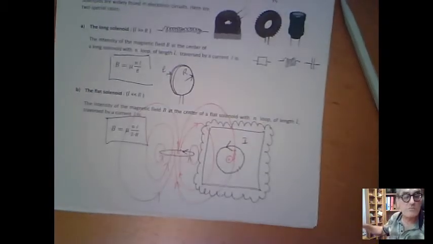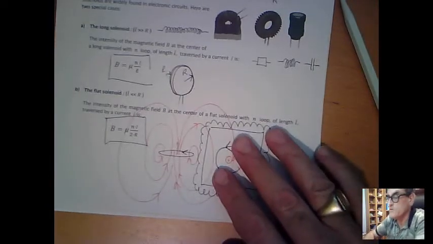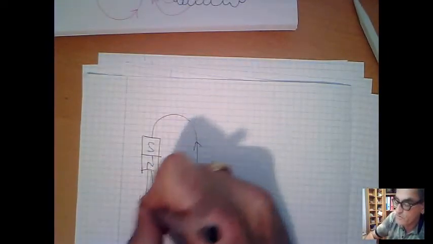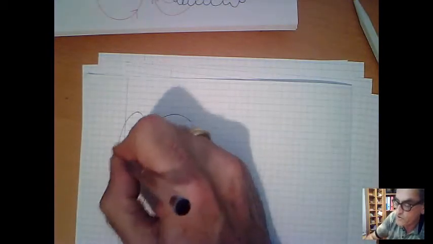Maybe it's not completely obvious to you, so let me do some more drawings to remind you of that. You remember when we have a magnet with the south and the north, we have magnetic field lines which go from the north to the south. This is the definition of the magnetic field lines.